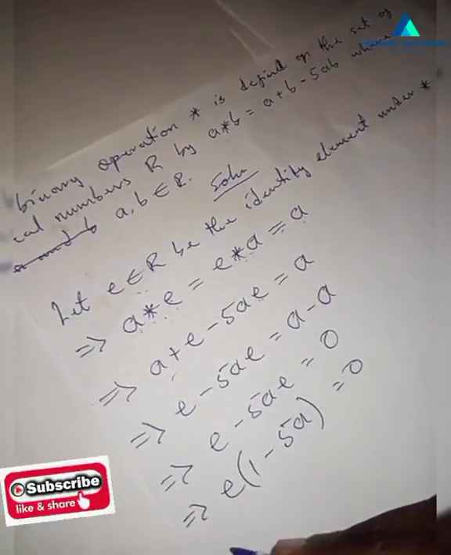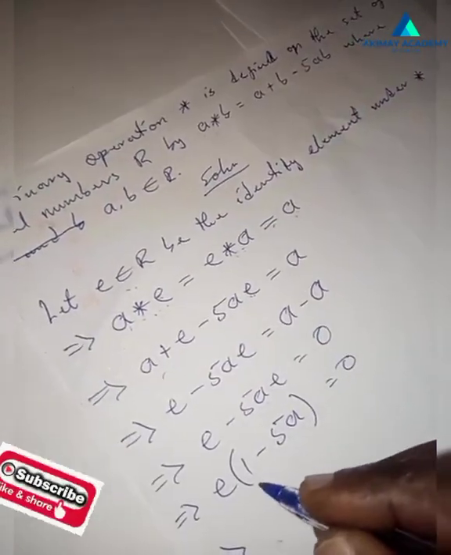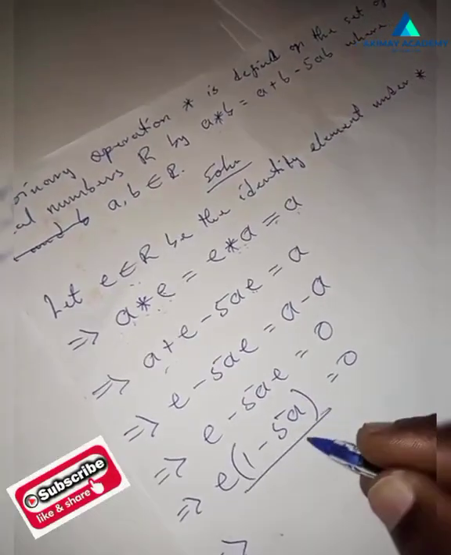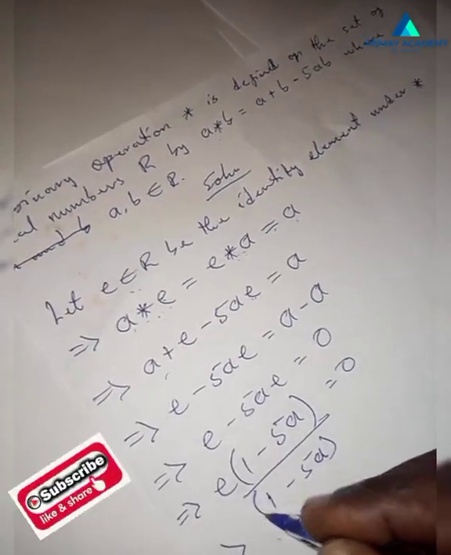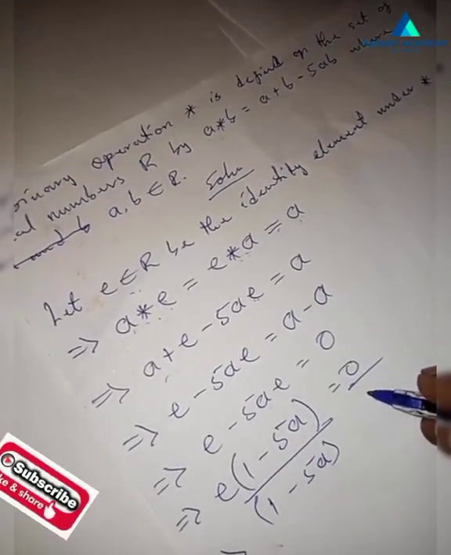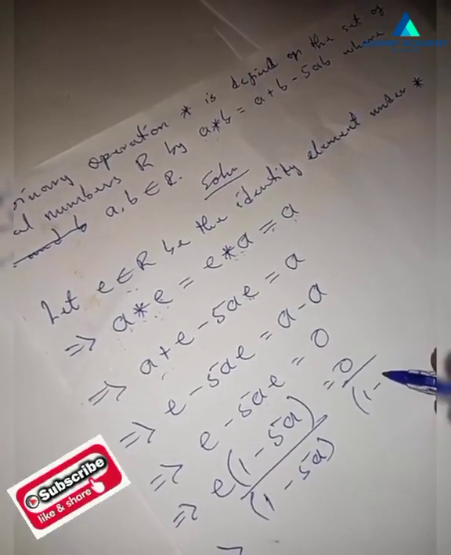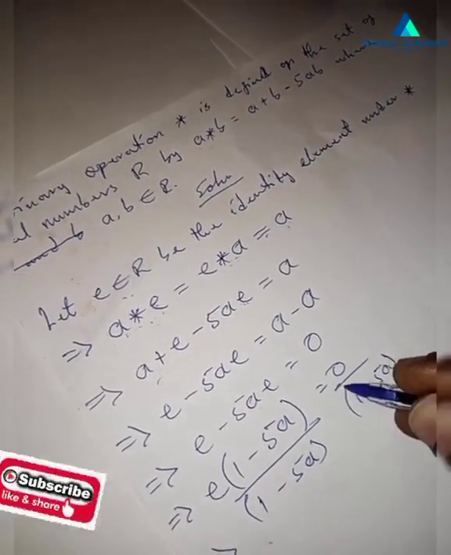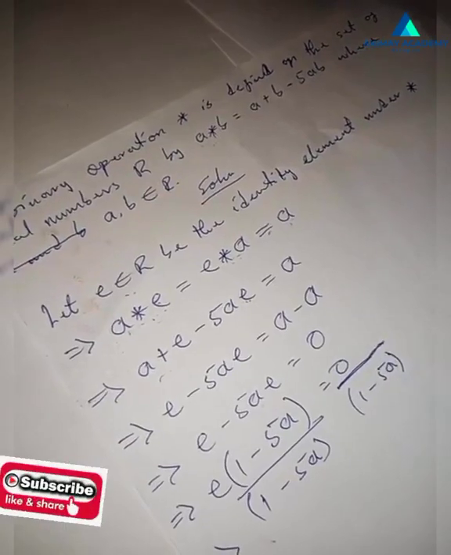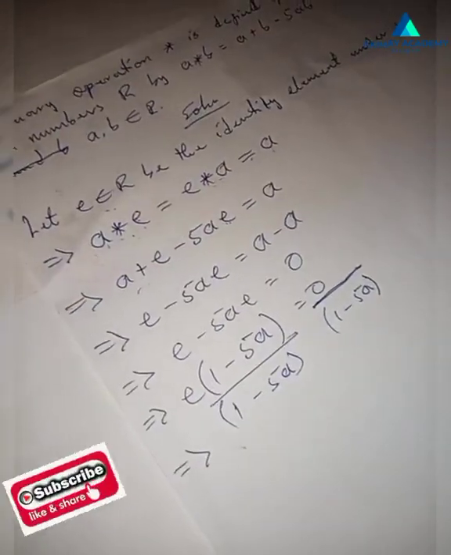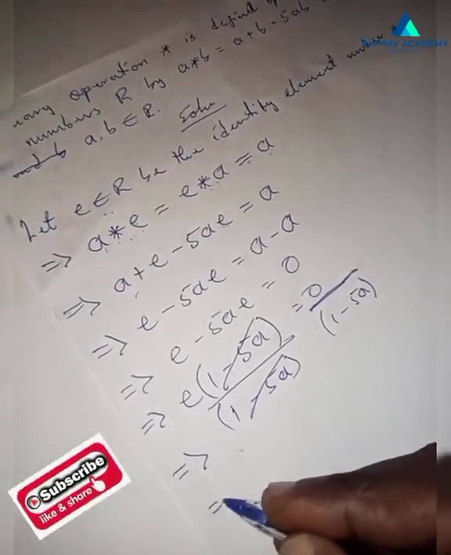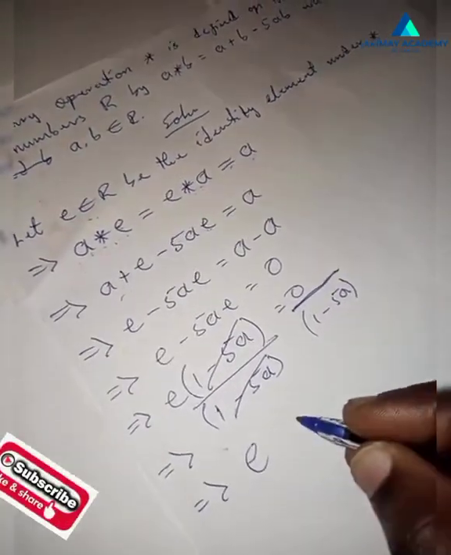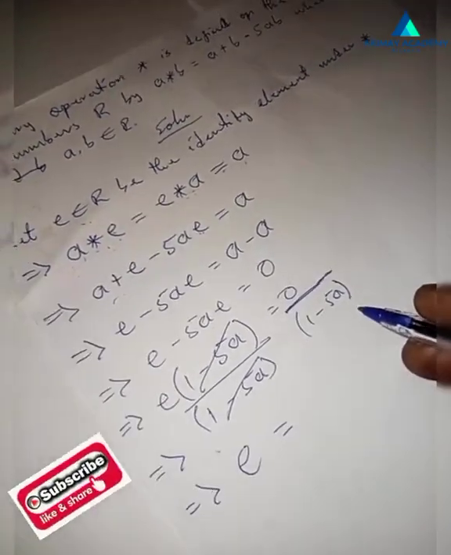Because we are looking for our E, we divide by 1 minus 5A, like this. Divide this by 1 minus 5A. Okay, good. Then we have everything here. We'll cancel this one off. So we have our E over here to be equal to 0 out of any number.